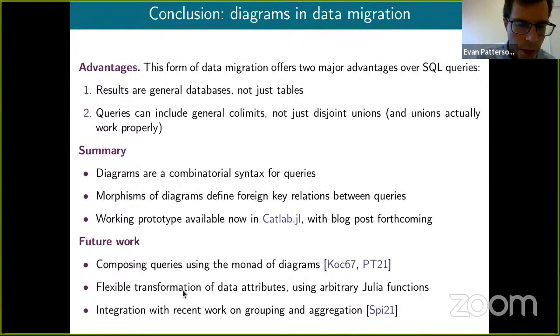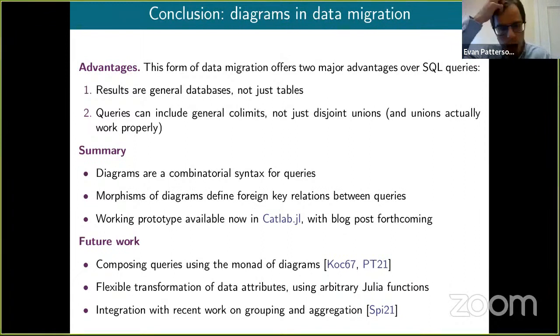Also, on a practical note, I'd like to do more flexible specifications for transformations of data attributes, being able to use arbitrary Julia functions in that data transformation. And also, David just put out a new work about doing group by and aggregation type things, and I'm interested in how those sorts of ideas can be accommodated into this.